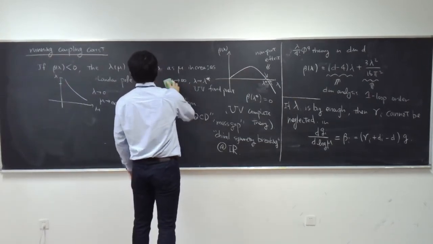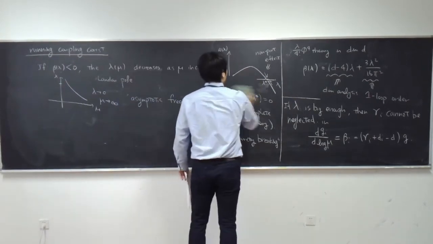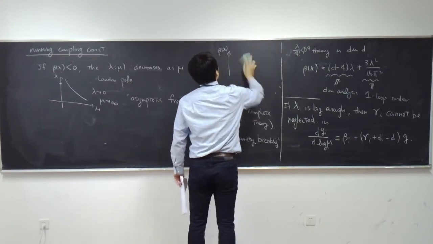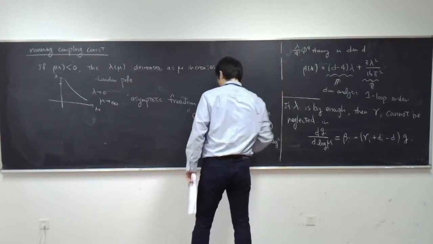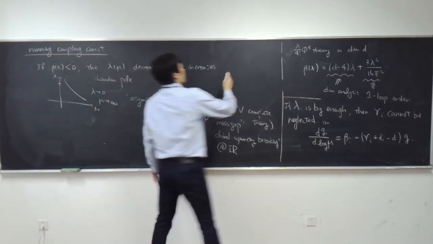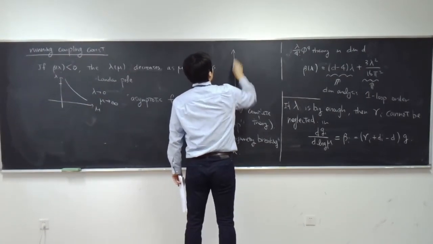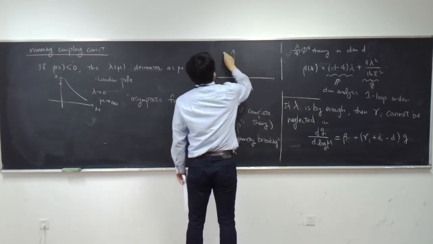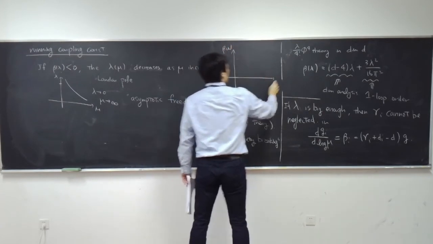So this is the UV fixed point case. Beta of lambda and lambda.